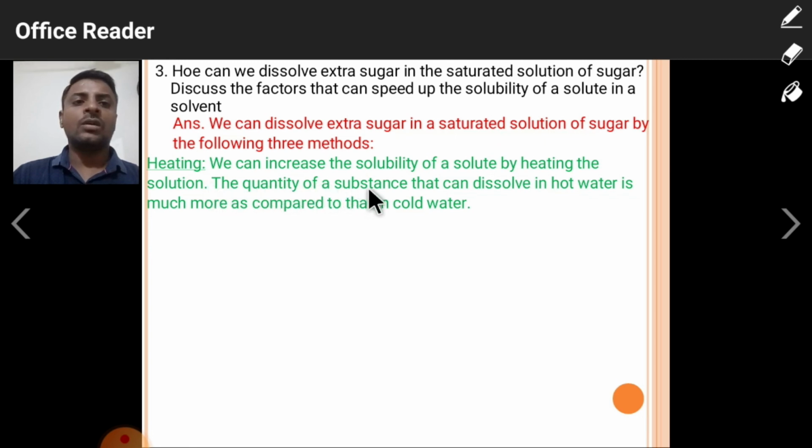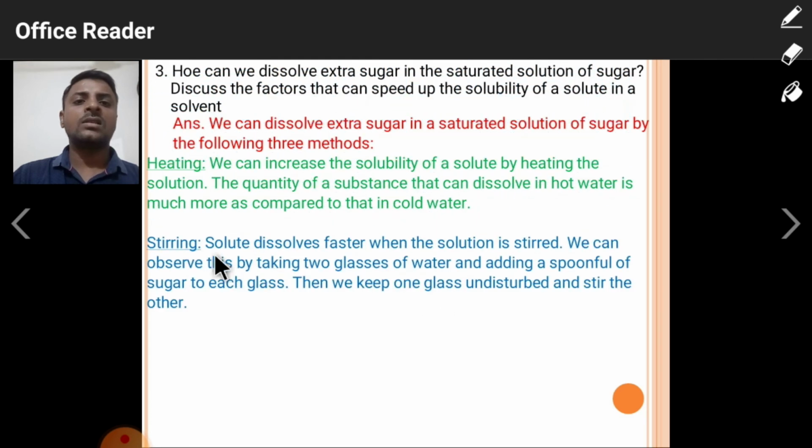The quantity of a substance that can dissolve in hot water is much more as compared to that in cold water. Another process is stirring.